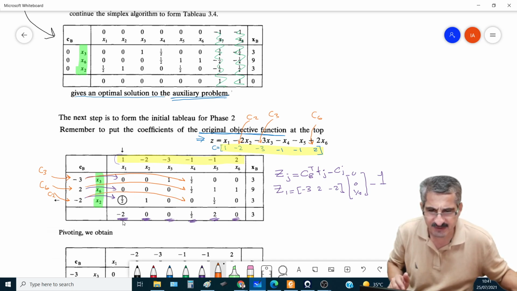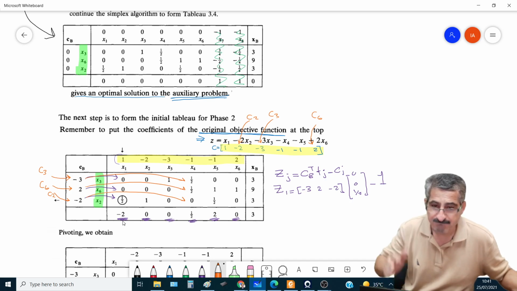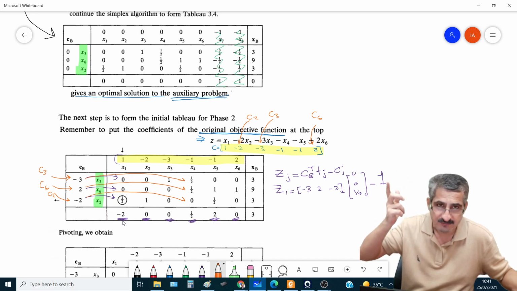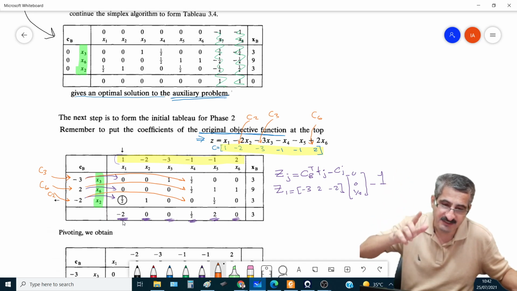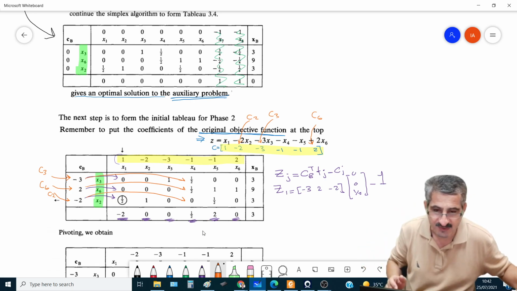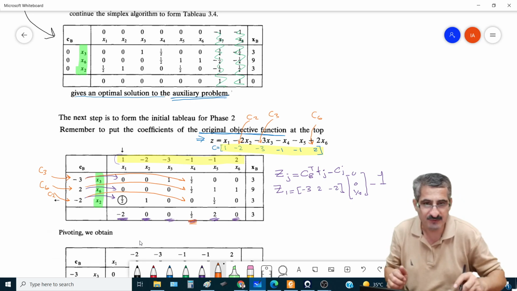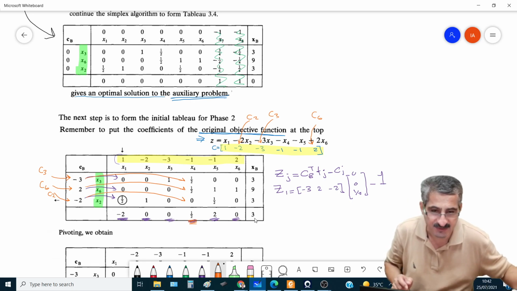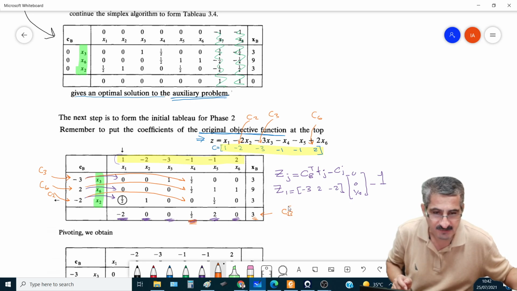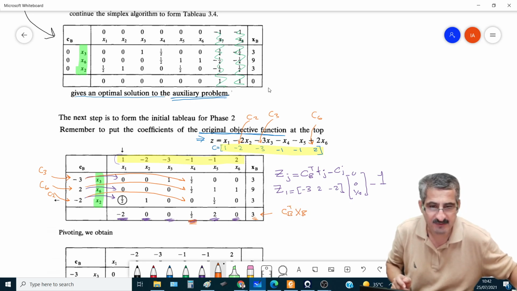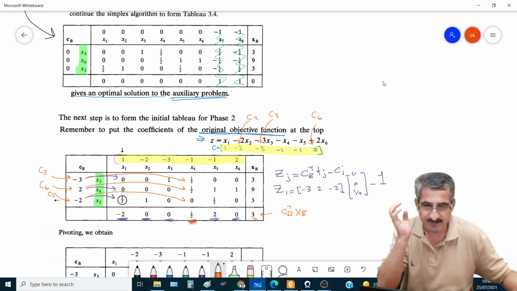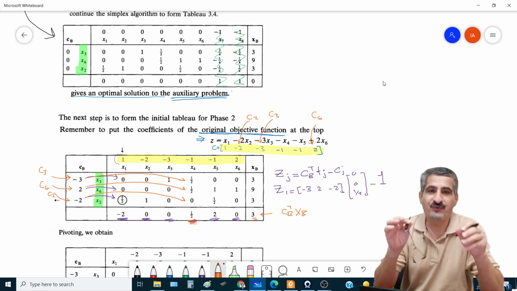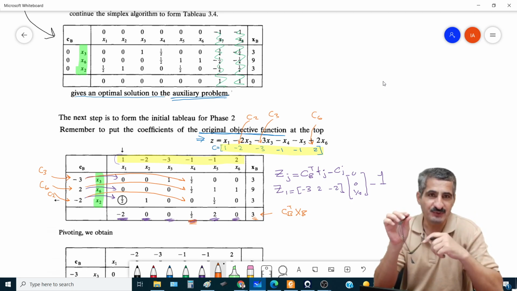Then what do I get? -3 over 2 plus 1, which is -1 half, minus the 1 half above there, which is -1. So -1 half minus -1, so -1 half plus 1, which is 1 half in here. Now you know how we got everything in here, and the 3 is obtained similarly. How is this obtained? This is obtained by just multiplying Cb transpose by XB. Okay, good. So we formed the initial table of phase 2 now.